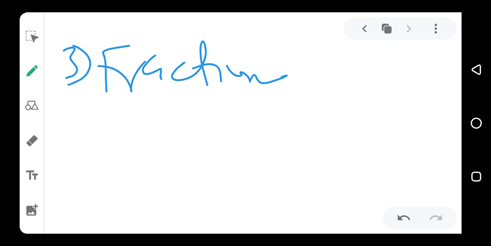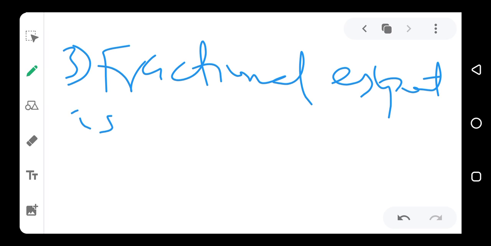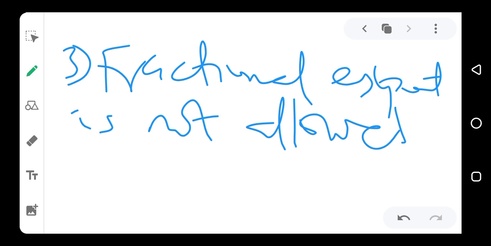Now, rule number 3, fractional exponents are not allowed or not permissible. A fractional exponent is something like x raised to power 1 over 2.